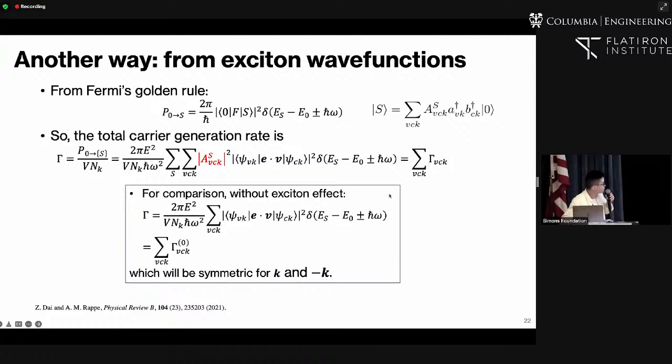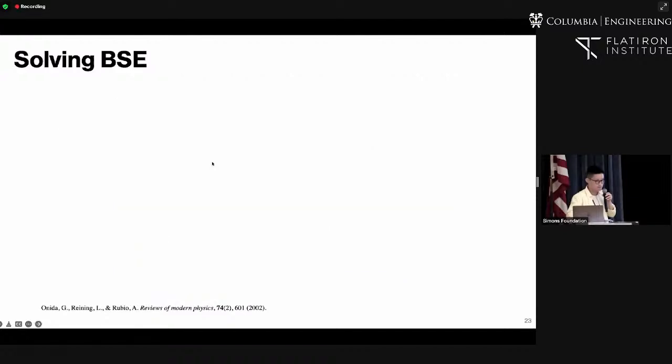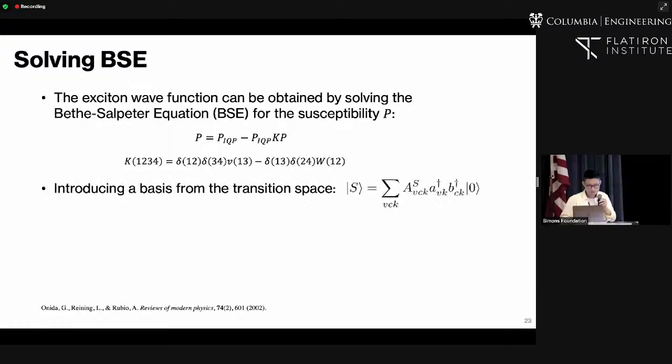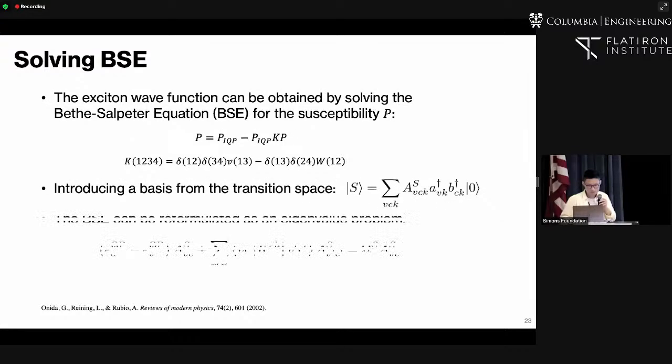And if you compare the transition rate with the rate without the exciton contribution, you can see that this expression is symmetric at k and minus k. It's very easy to prove this. So it is really this combination coefficient, the so-called exciton wave function, that will give rise to the asymmetric momentum distribution. So basically, we will just solve the Bethe-Salpeter equation.